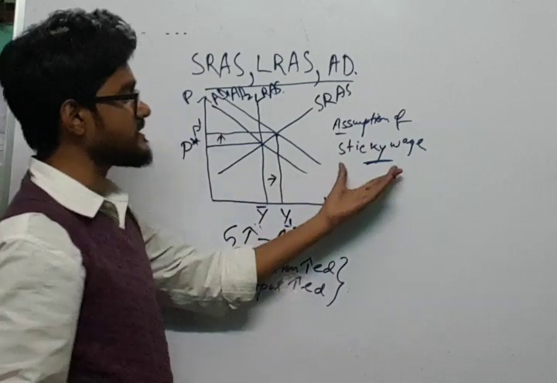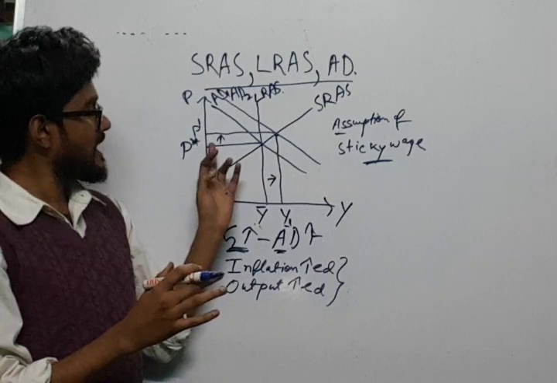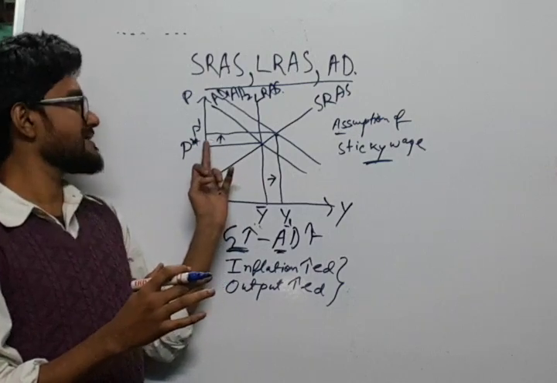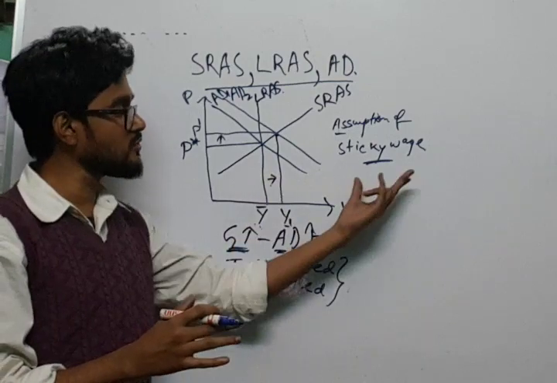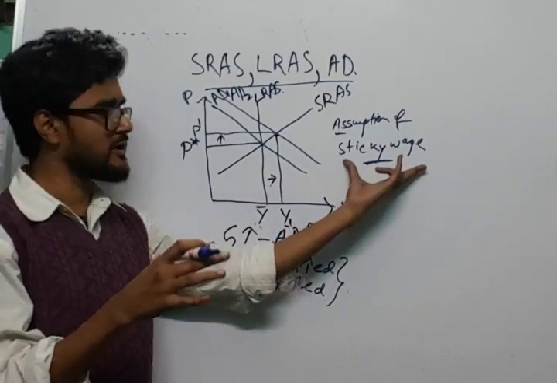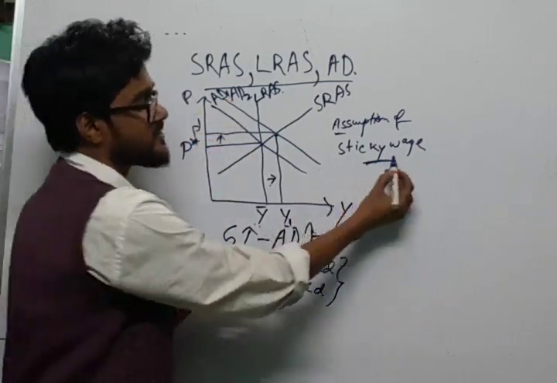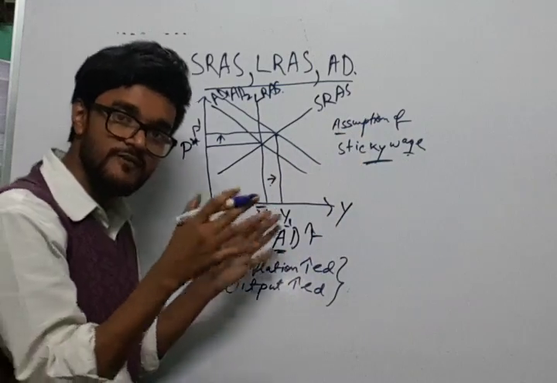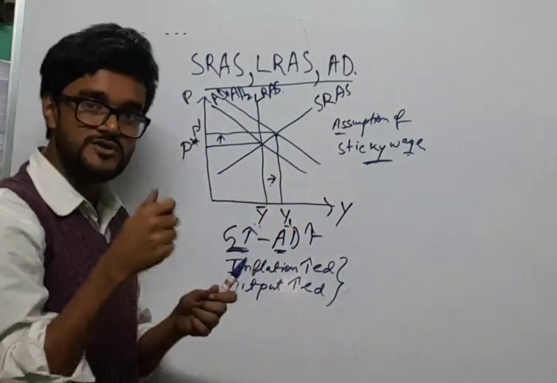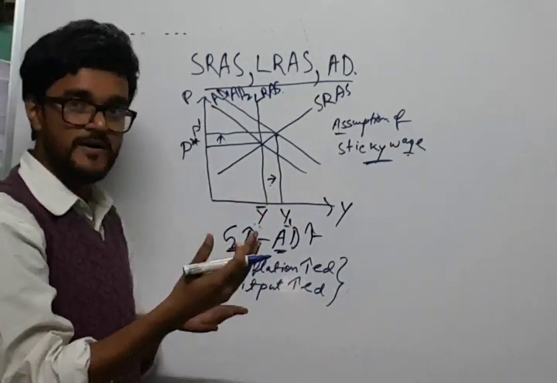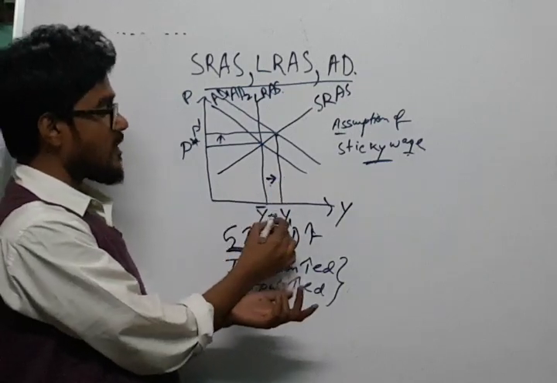In brief, sticky wage means that in the short run, when the price of a commodity goes up, when inflation increases and output increases, due to the imperfect market for labor, the wage rate initially does not increase. That is, the wage rate remains constant in the very short run, which is known as sticky wage. The wage rate is not responding to the increase in output.